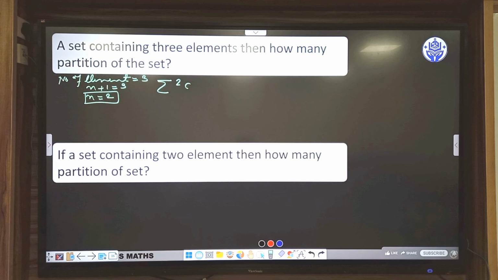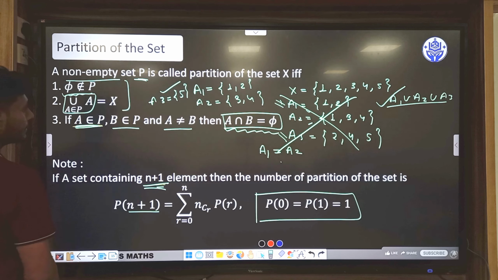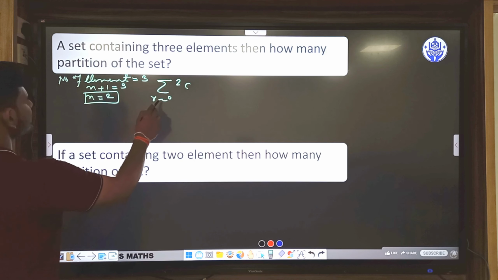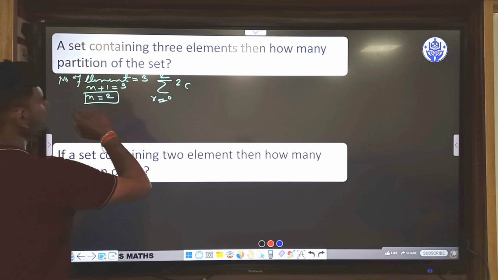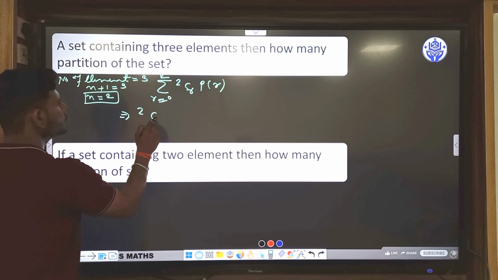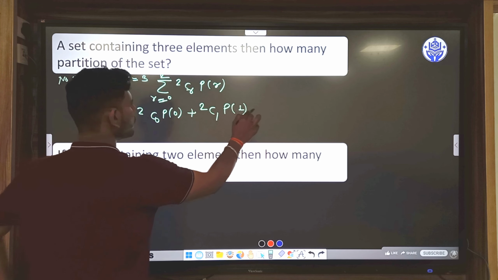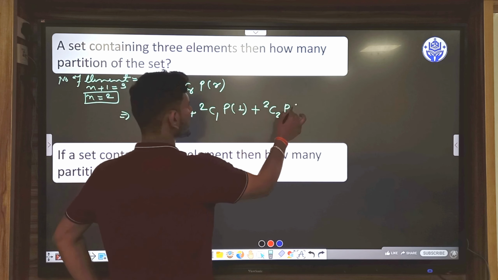With n equal to 2, r goes from 0 up to 2, so it is 2C0 P(0) plus 2C1 P(1) plus 2C2 P(2).